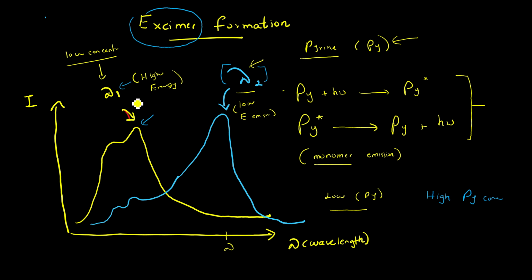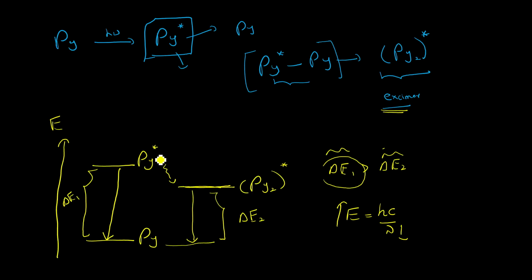Now why do we have high energy emission at low concentration? It's because at low concentration we have fewer pyrene molecules in the system. So bond formation between two pyrene molecules is less possible compared to the higher concentration situation, because at higher concentrations we have a lot of pyrene molecules, so there's a higher possibility of connecting with each other.